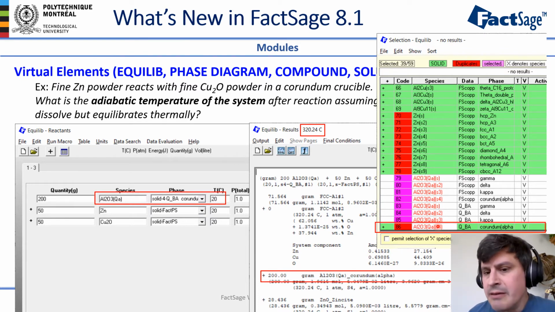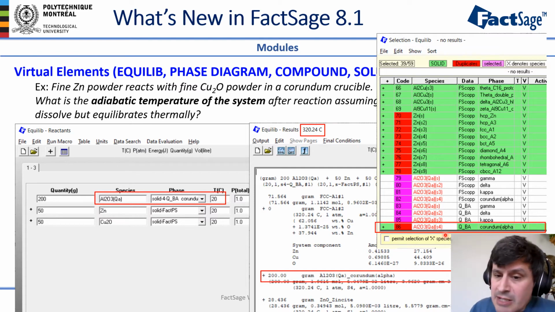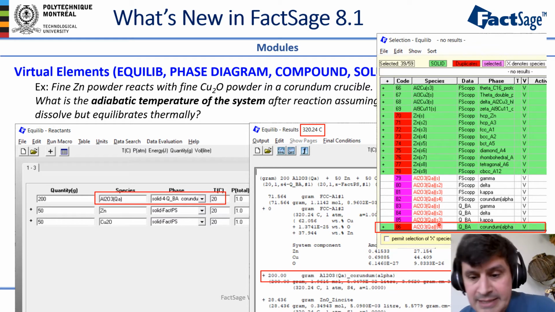The way it's done is we automatically take the alumina phases and add the QA species in the FSCopper database, but there is also the QBase database that I just created. So I select in this case corundum S4 from my QBase database.